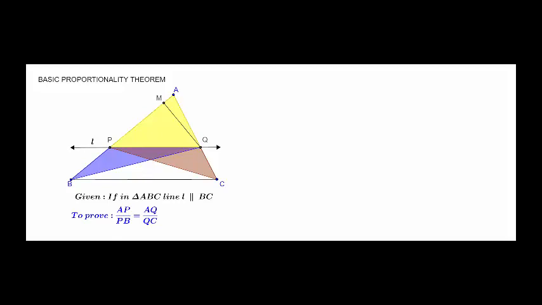So the first statement that we can write is area of triangle APQ upon area of triangle PQB is equal to the ratio of their bases, which is AP upon PB respectively.